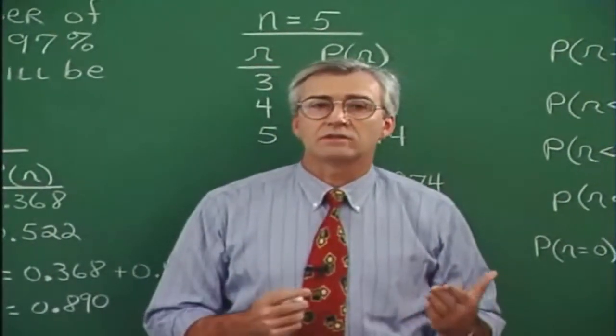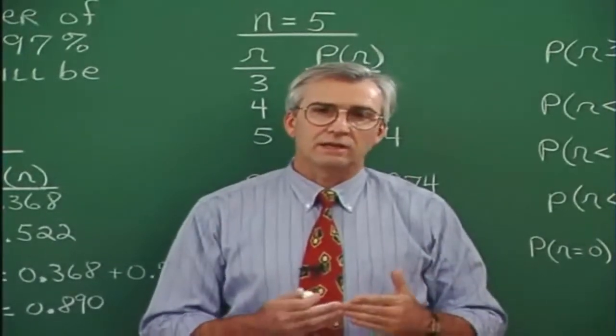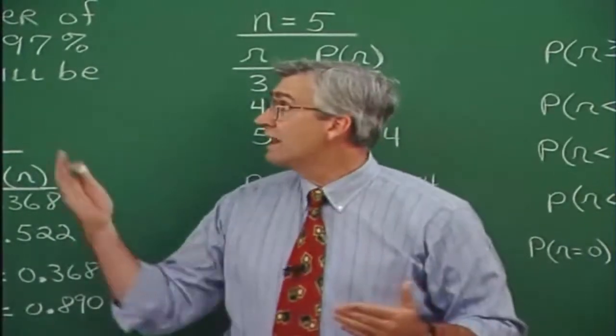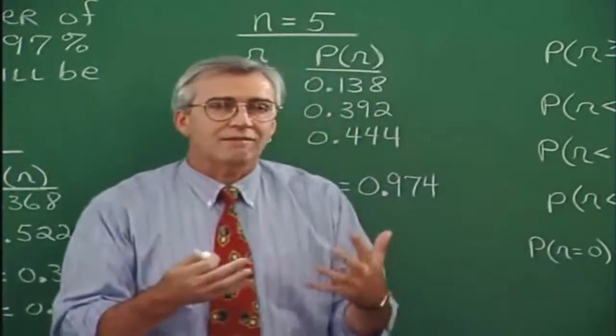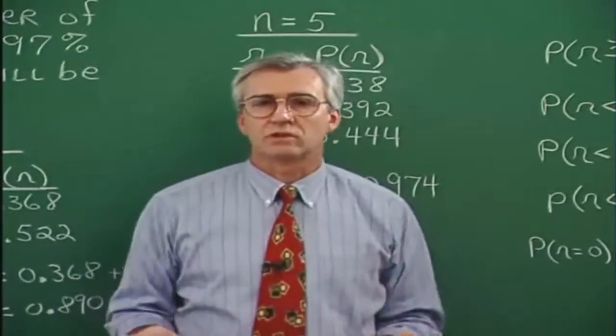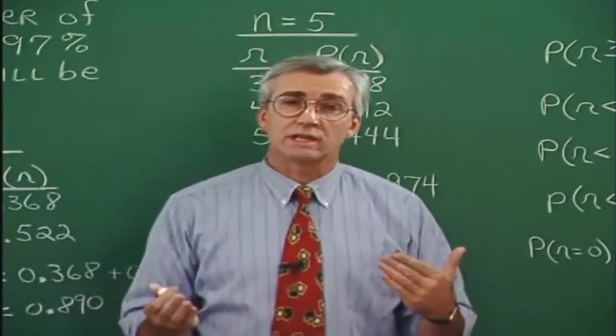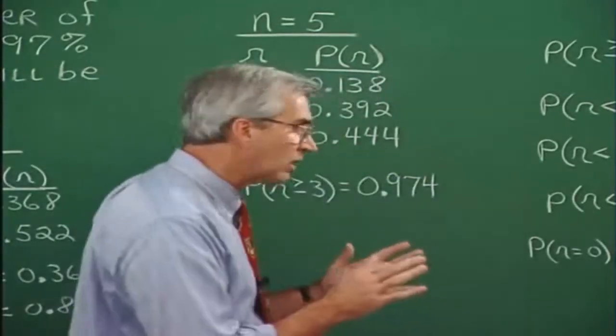Now, this is kind of a direct approach. You can see how this situation could get out of hand, though, in certain circumstances where we would have to investigate many different distributions to see if the sum of so many of them comes up to a certain level. Well, another approach is the backhanded approach, and it works like this.